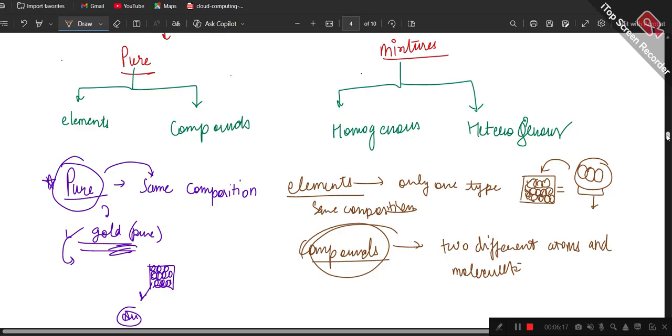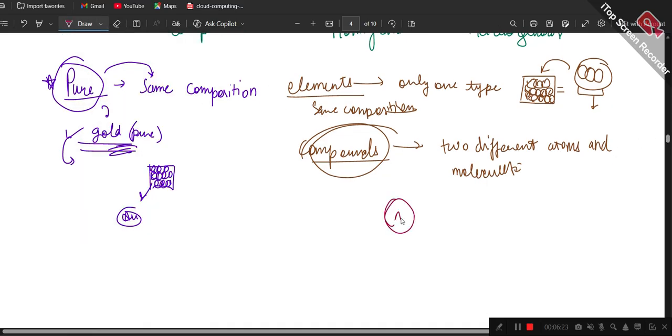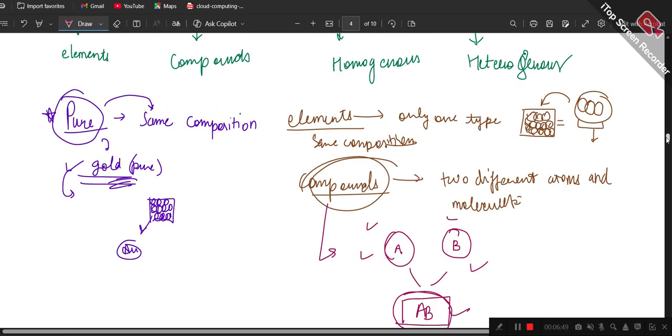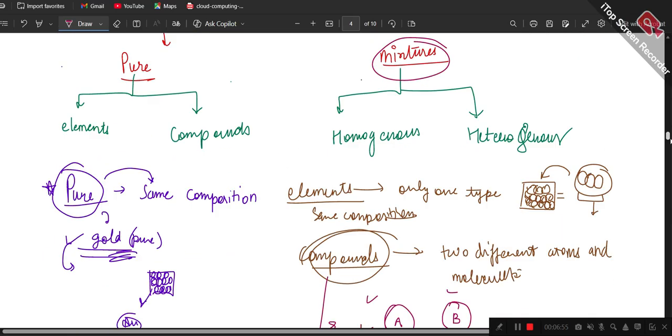For example, I have two different molecules, say molecule A and molecule B. A and B have their own independent physical and chemical properties, but when they combine together to form a compound, that is AB, the property is going to be different from the properties of A and B. It is going to create a different kind of compound which has its own unique properties. So this is what a compound is. I hope that I was able to explain it very well. Now let us come to the next part, that is mixture.